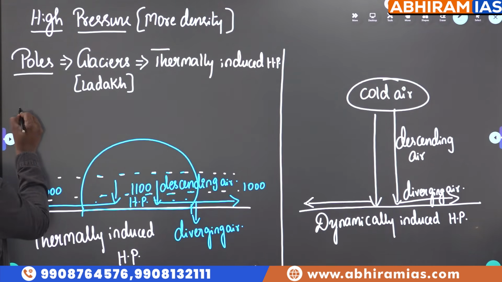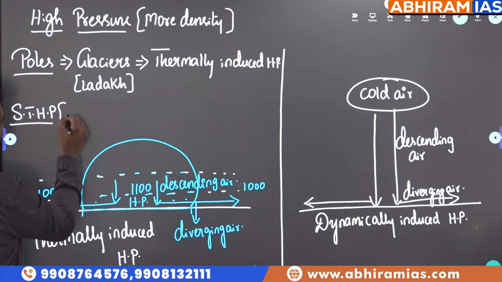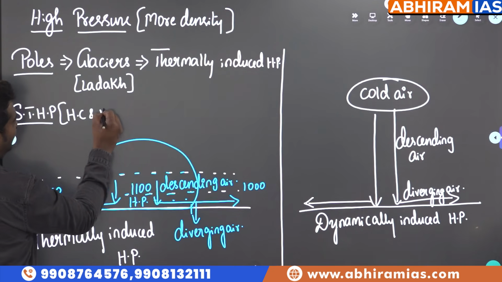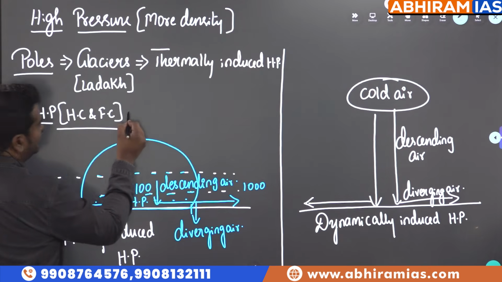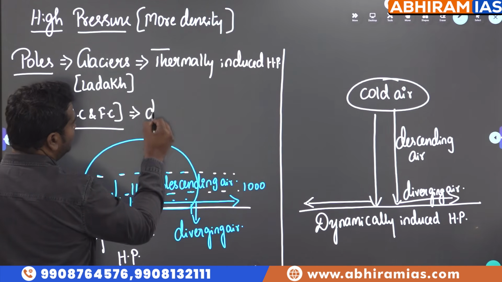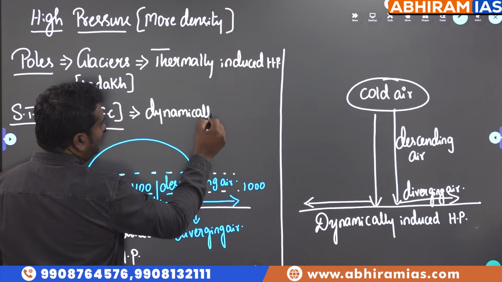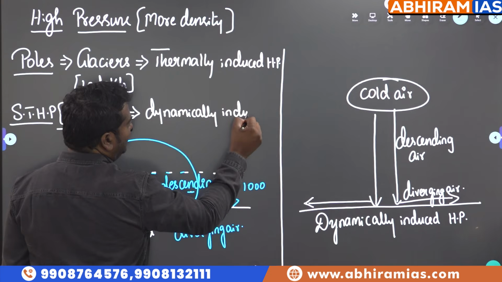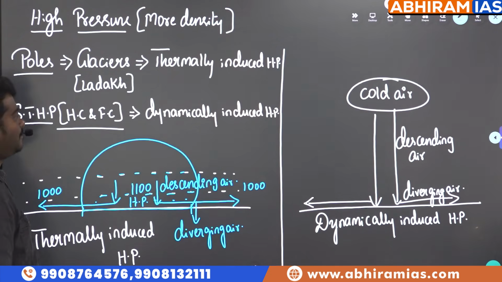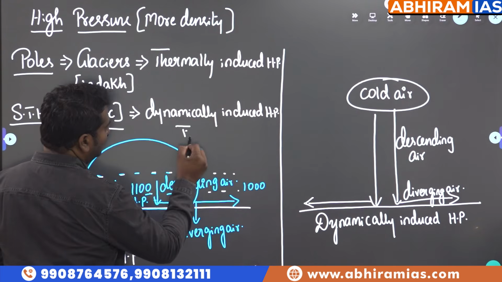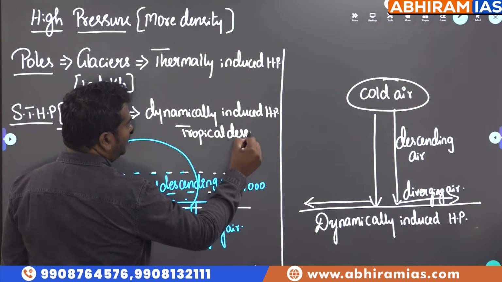Now you take the case of subtropical high pressure. You might have heard of something called Hadley cell and Ferrel cell. In between the Hadley cell and Ferrel cell, you will have subtropical high pressure. This is dynamically induced high pressure. This is the reason you get tropical deserts.